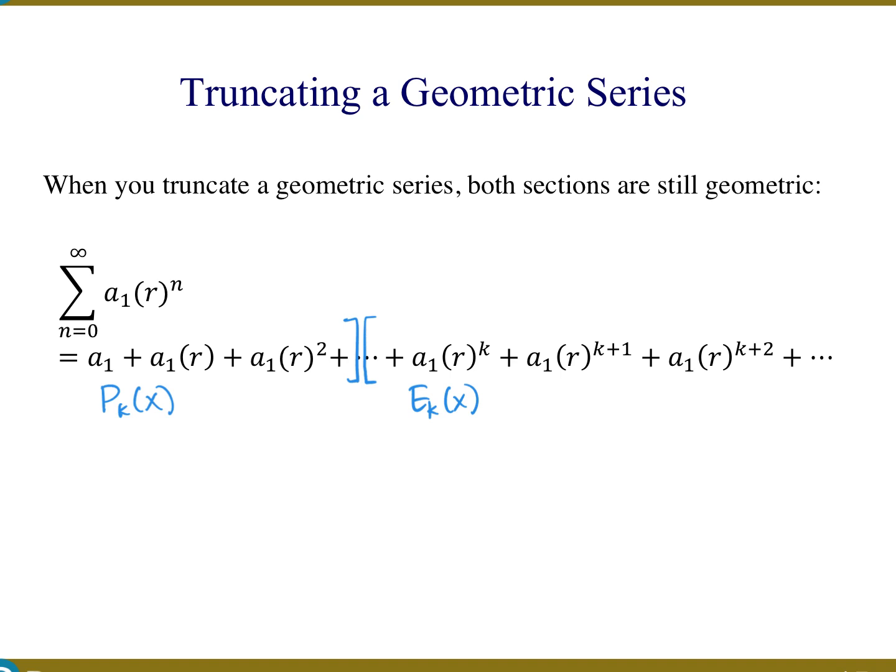A geometric series truncated is two geometric series. You have a small geometric series. This is still geometric. And this one is also still geometric.